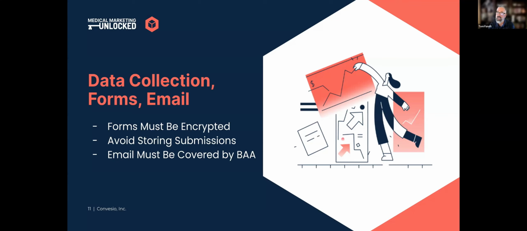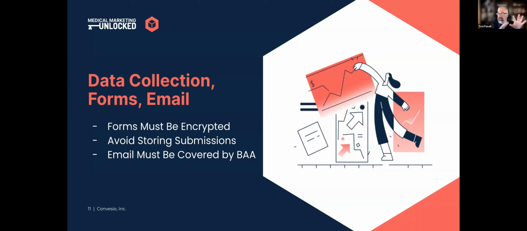But if your covered entity has an Office account for their email and they've got a BAA, if you send that to an inbox in Microsoft Office, you basically have all of your options covered there. You're not storing it in WordPress, you're sending it out of WordPress. Don't store any email log of it in WordPress.